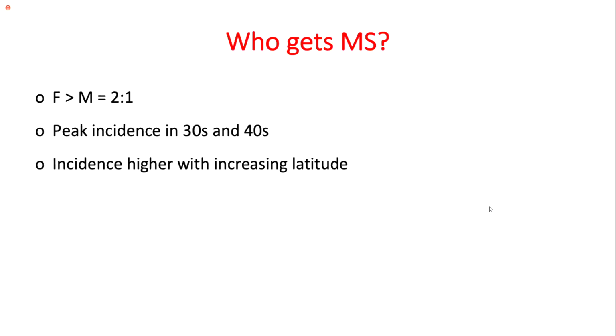So the incidence is less when we are close to the tropics, close to the equator. As you go away, north and south, north towards the European countries, south towards Australia, New Zealand, South Africa, then you're going to see a lot of multiple sclerosis. Why that is, no one really knows. They are postulating, hypothesizing that certain viruses may trigger it and they are more common in those colder countries.